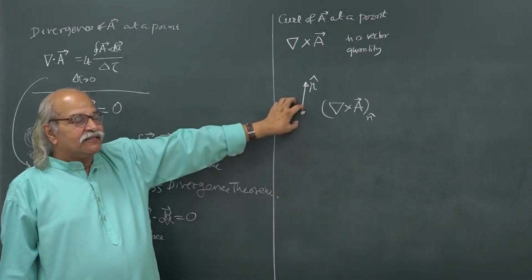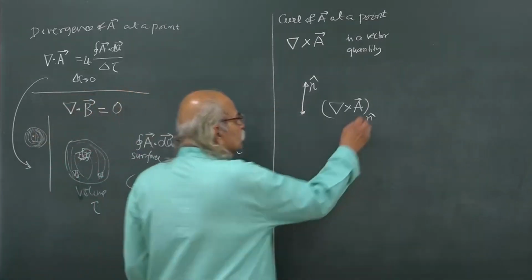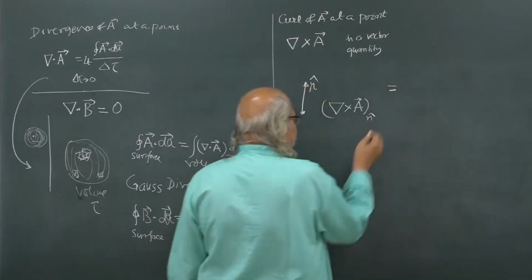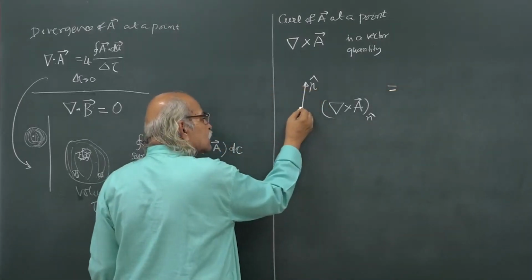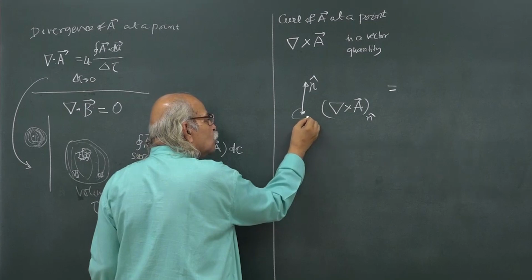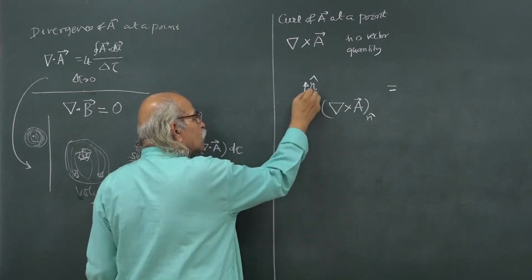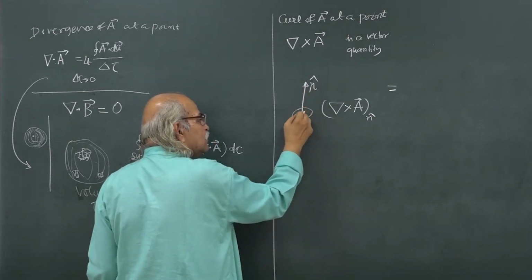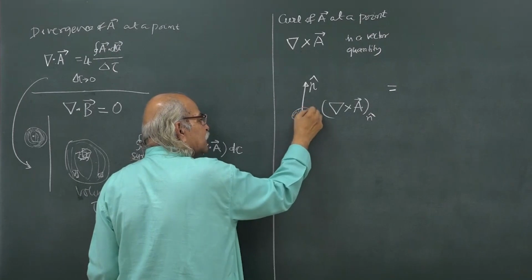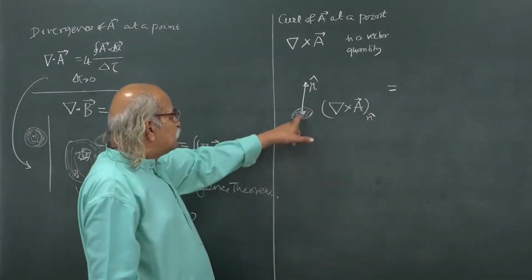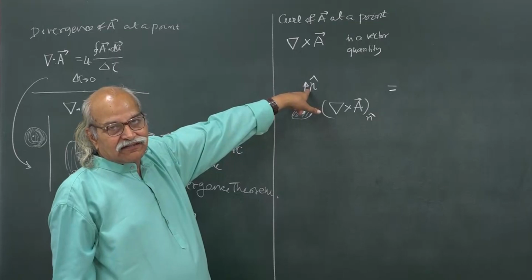Now, for this quantity, you first construct a closed loop around this point, and the plane of the loop is perpendicular to this given direction.